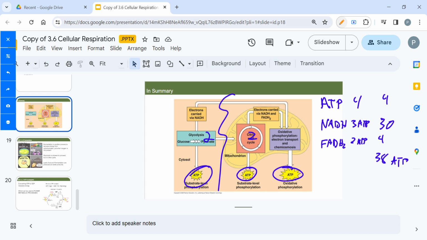But you're going to find that in the literature they will include certain steps or not include certain steps. So you'll usually see the literature say something like 36 to 40, depending on what's included. I'm not going to ask you this. It's not super relevant to get into the weeds, but what I want you to be aware of is that glycolysis is only making 2 ATP, while here we're making about 36 within the mitochondria.